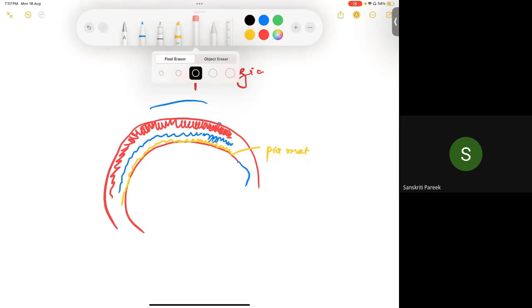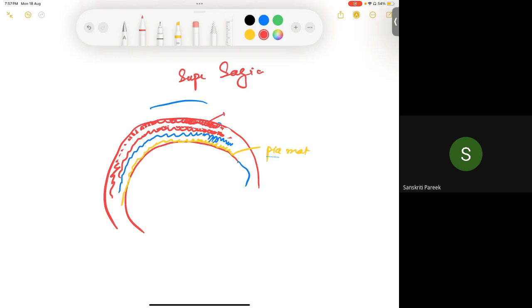So you can see that. Okay, let me just draw. So this was your dura matter, right? We have two components of dura matter here as well.